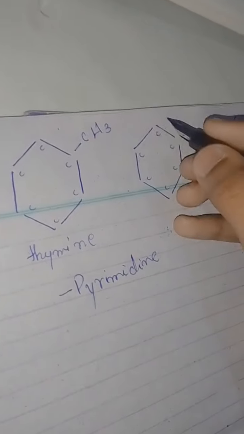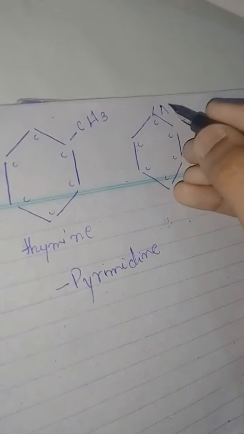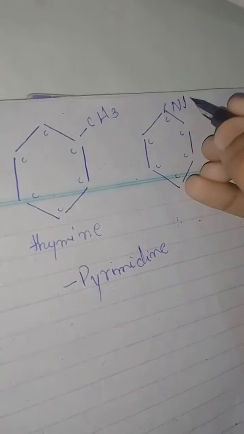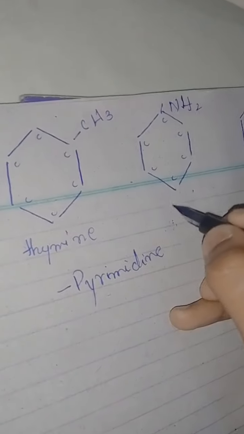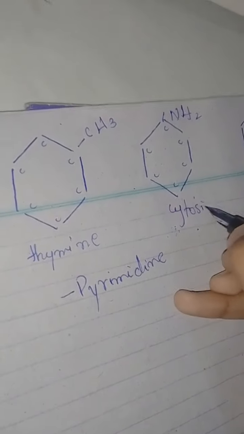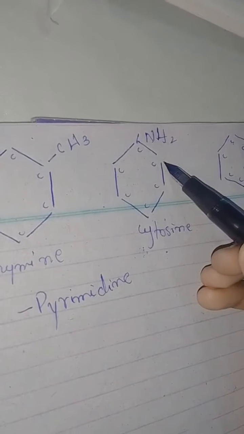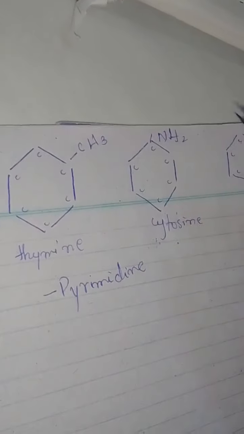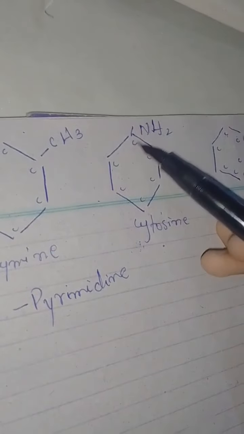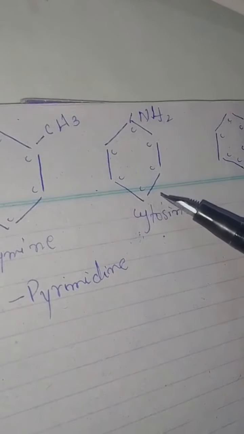If an NH2 amine group is attached on the top of a single ring structure, that will be known as cytosine.